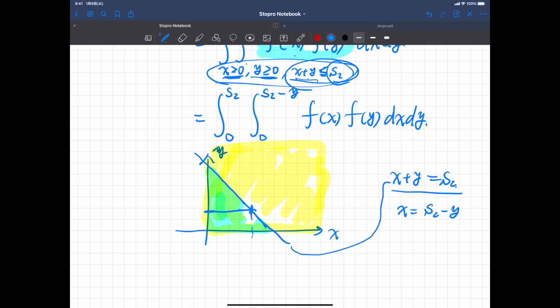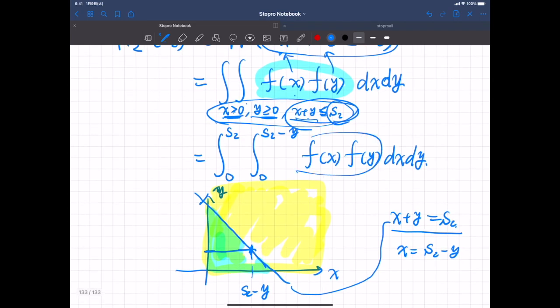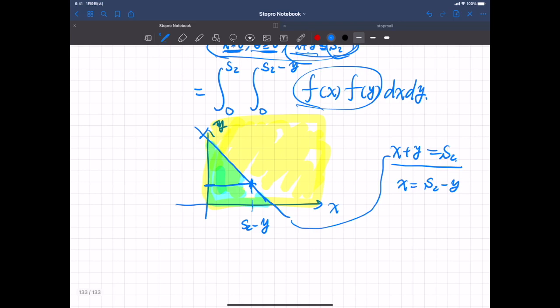So x varies from 0 to s2 minus y, and y varies from 0 to s2, since the y-intercept is s2.